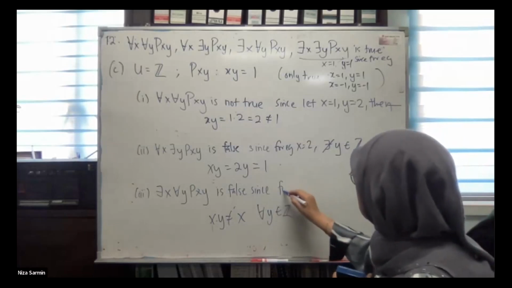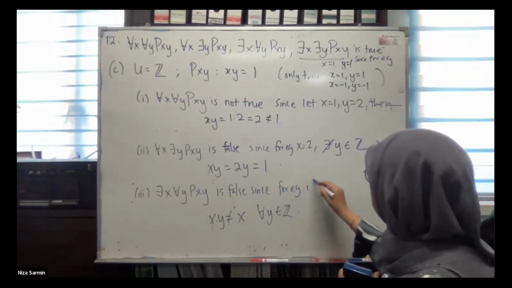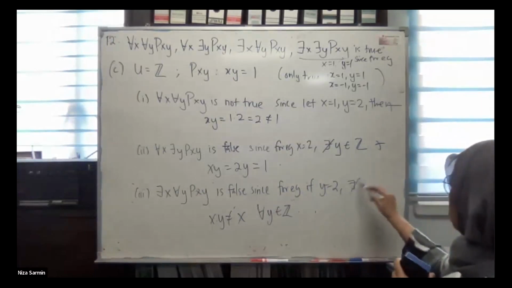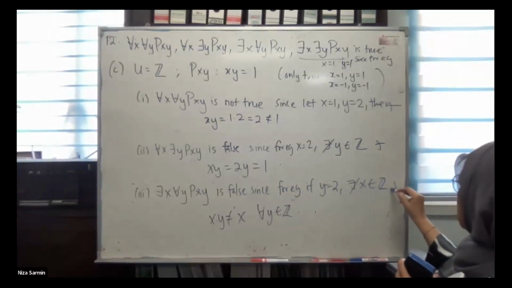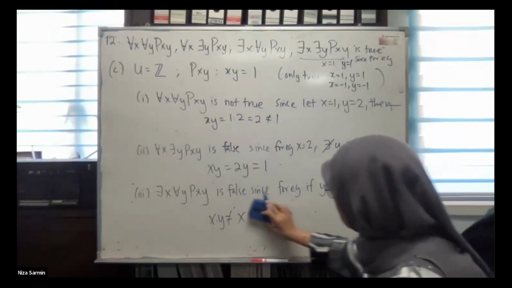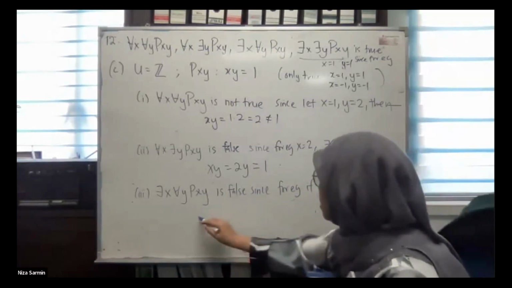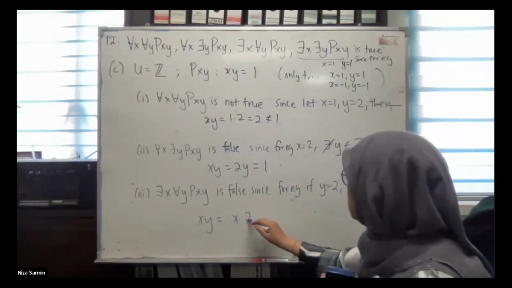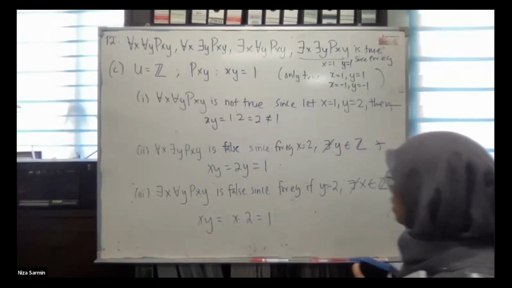For example, if y is 2, there is no x in Z such that xy equals x times 2 equals 1.